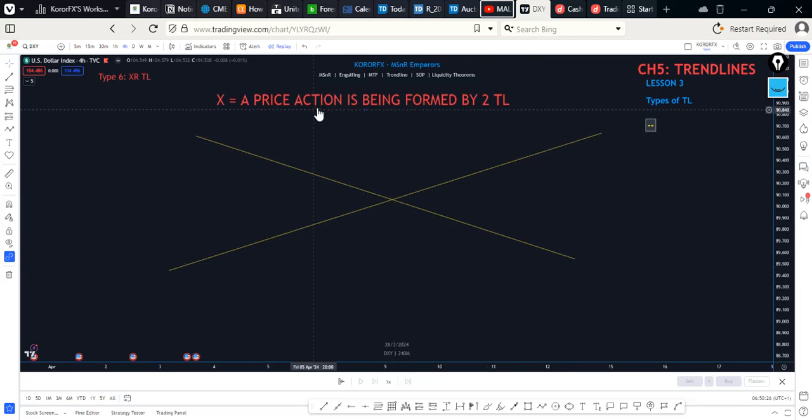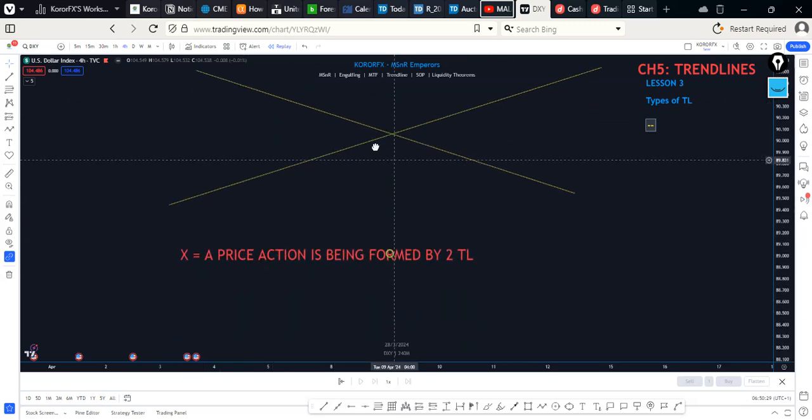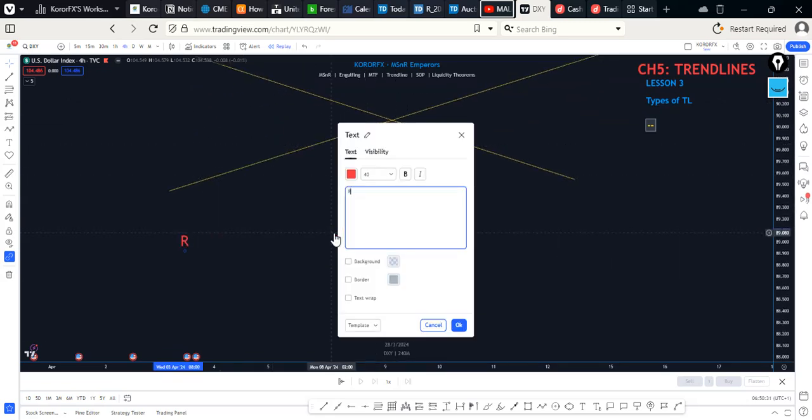So what does the R stand for? We have to understand what the R stands for. So R is exactly rotation, right? Rotation of TL, because TL is rotating upward and downward, right? TL is rotating upward and downward, and this is why it's rotating, to find the appropriate angle.